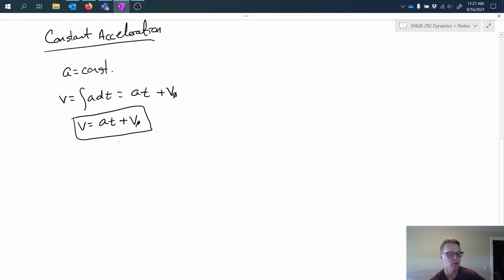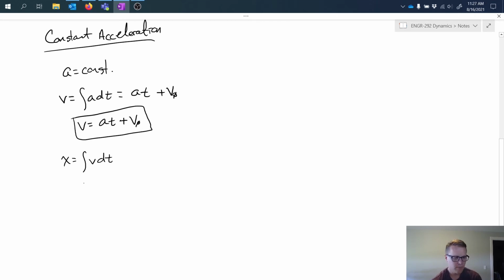Next, I want to move up the chain one more step and get to position. So to do that, I know that my position x is equal to the integral of v with respect to time. And in this case, it's a little bit different in that v is not a constant, right? We just defined v to be a function of t.